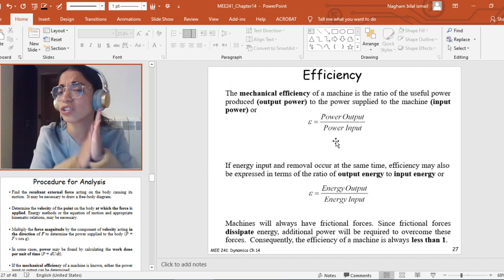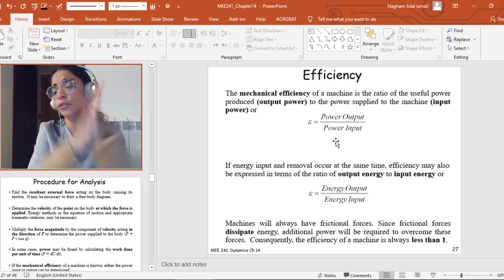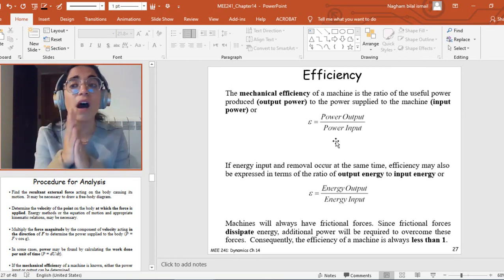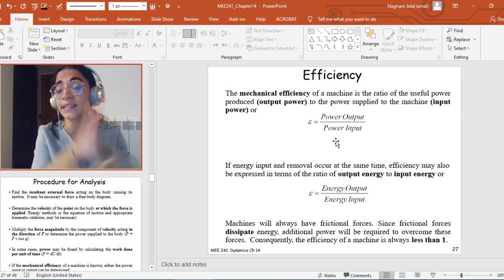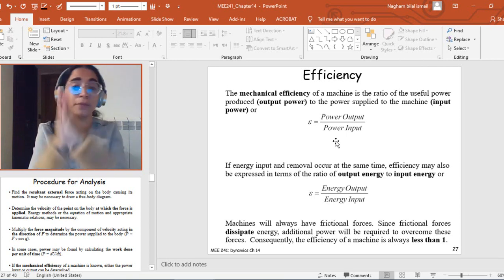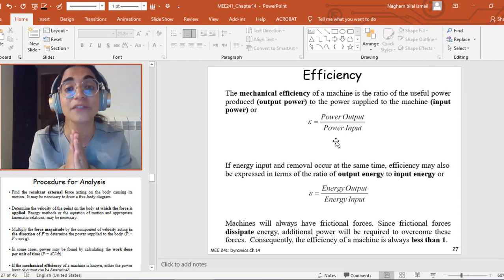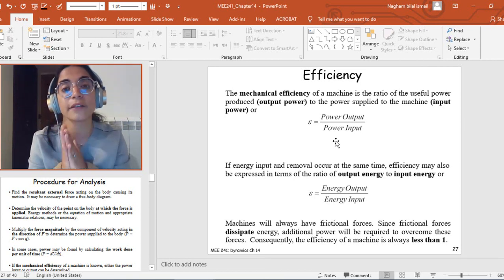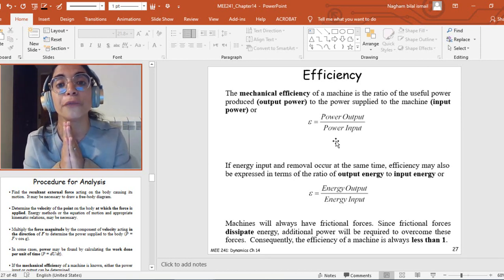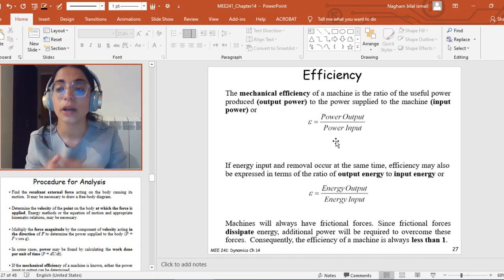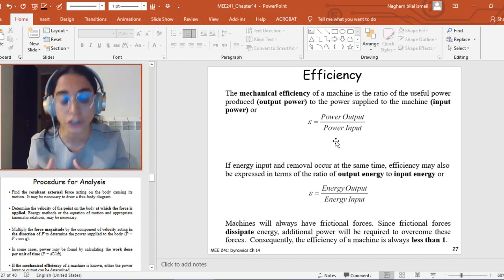So whenever I have a friction, if you do this, guys, this is the friction force. You're going to feel that your hands are hot, because some of the mechanical energy that I am doing by moving my hands is converted into heat energy, or thermal energy, and this is also the case of frictional forces.